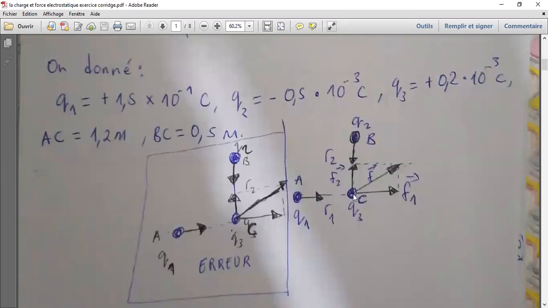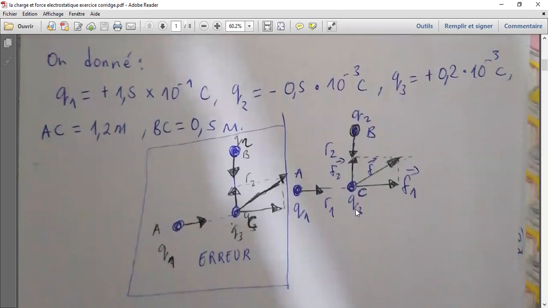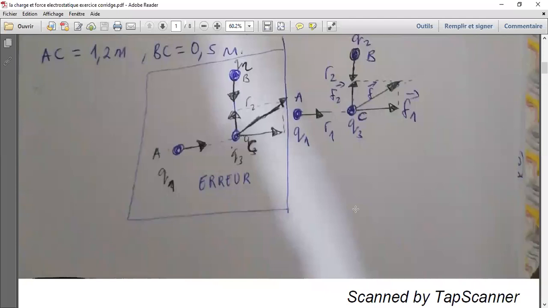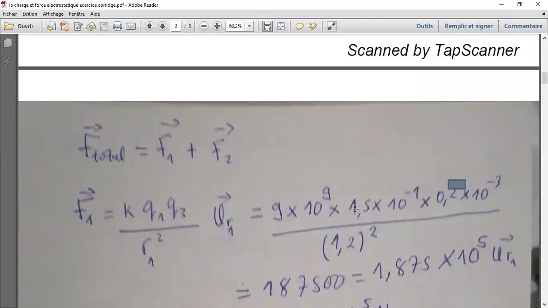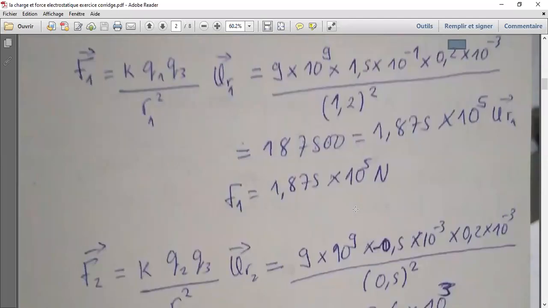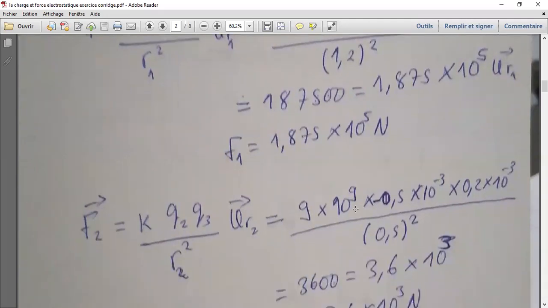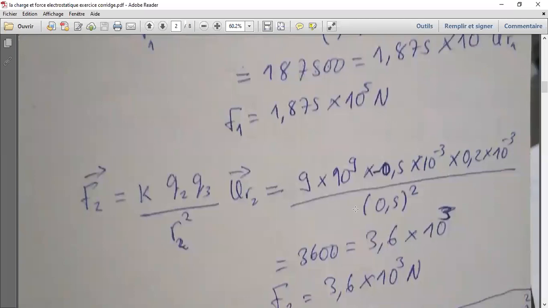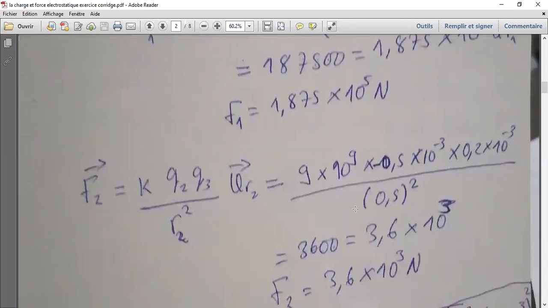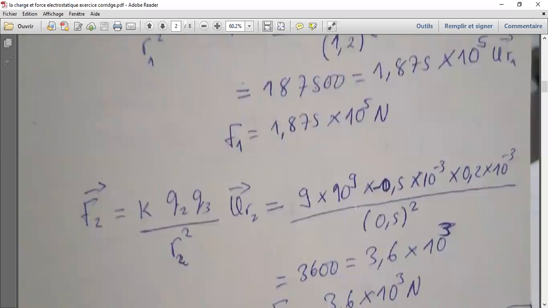So Q2 is exerting a force on Q3. That's why you have Q2 times Q3. Your Q2 is negative 0.5 times 10 to the power negative 3, and your Q3 is the same one, 0.2 times 10 to the power negative 3, then divided by your R2 squared.